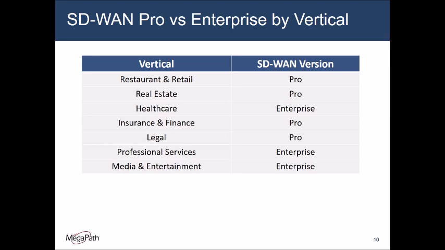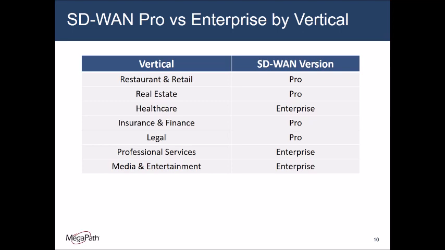Versus a larger organization, say a contact center or healthcare in this case, professional services, maybe a very large banking location, big entertainment or media companies, any place where you have a large concentration of people, lots of phone calls may be happening, lots of very critical data, where the last mile circuits don't necessarily perform that great, any place where you need that end-to-end traffic shaping and traffic optimization and real-time failover, that's where you're going to want to go for the enterprise solution.